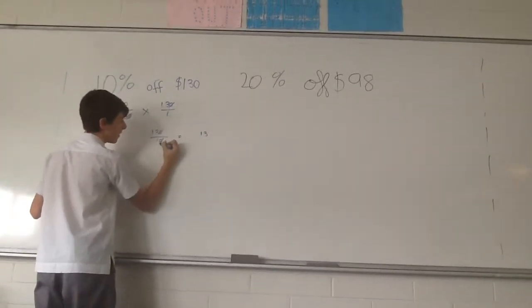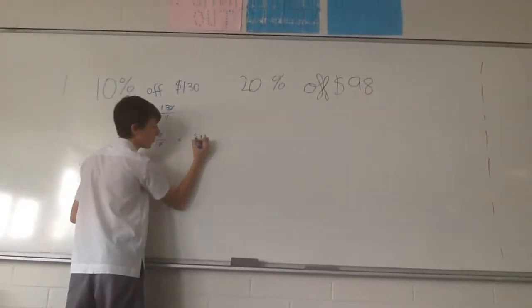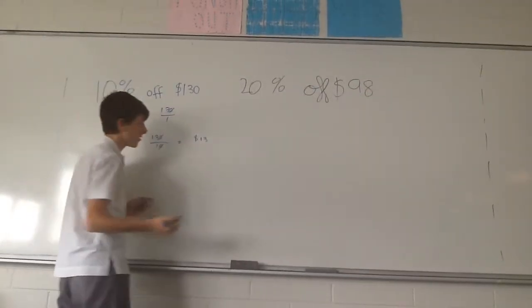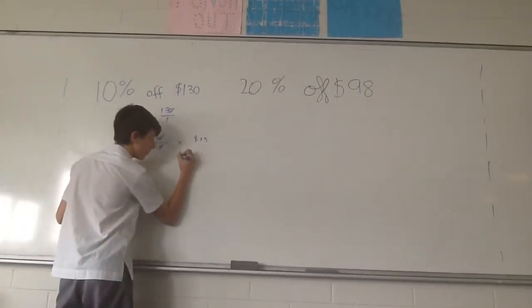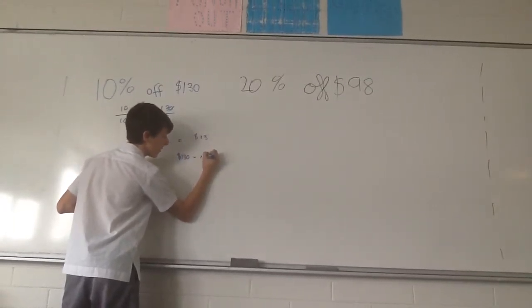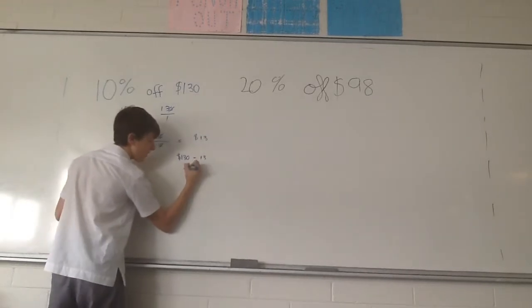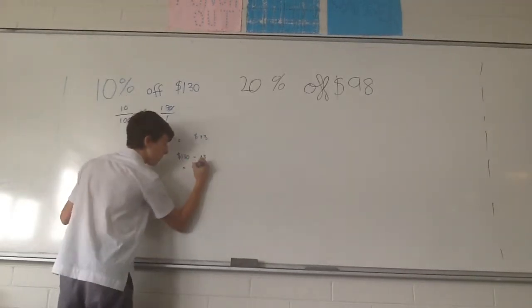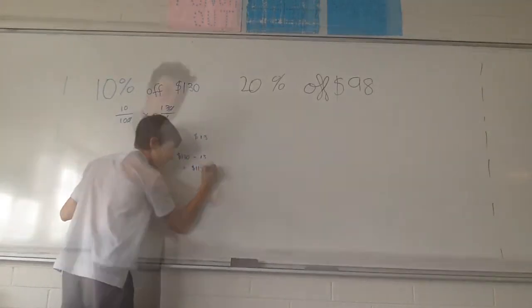So you cancel those two down, it's 13 over 1. And that's how much money has been taken off the price. So you go $130, the original price, minus that 13 that's been discounted, you find yourself with $117 shoes.